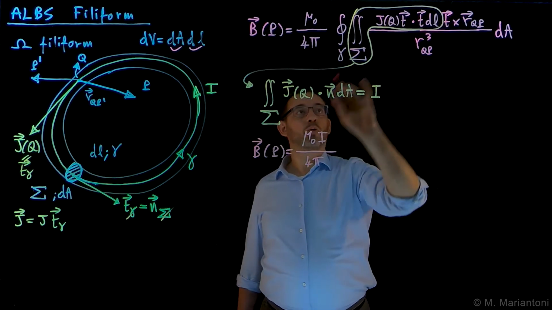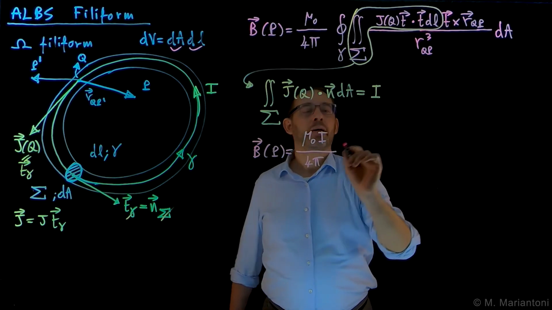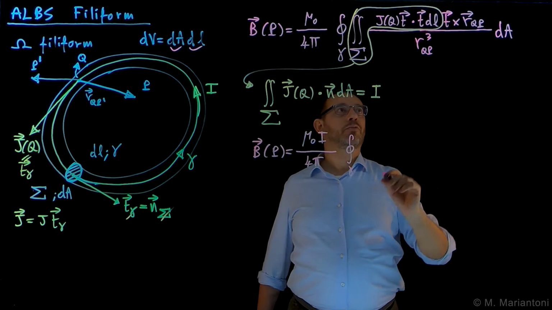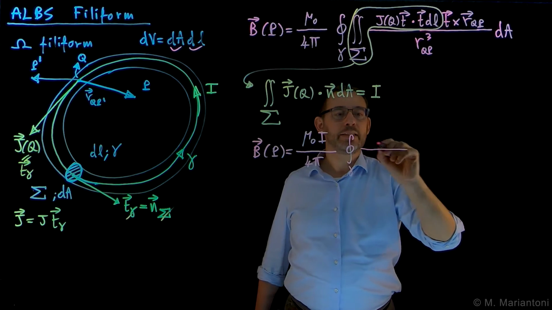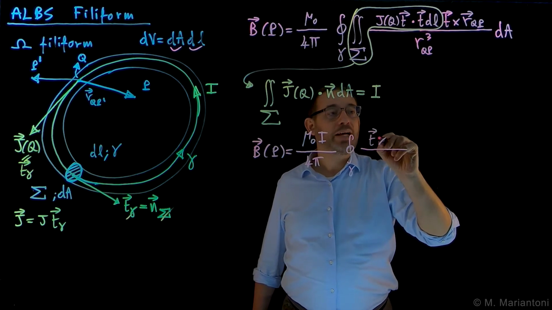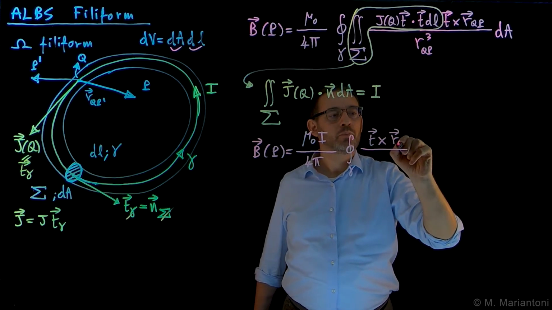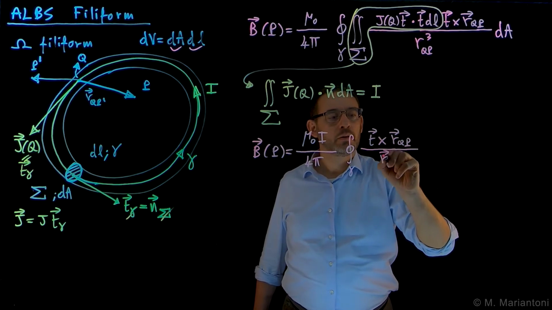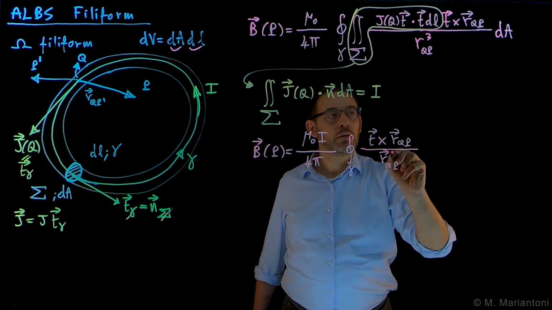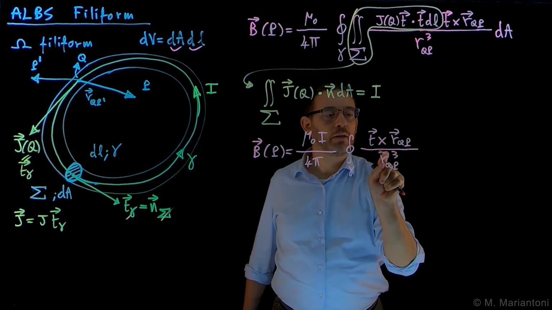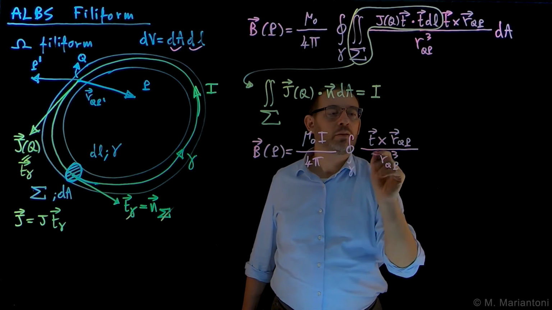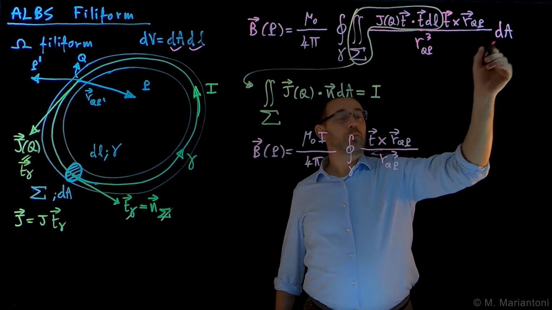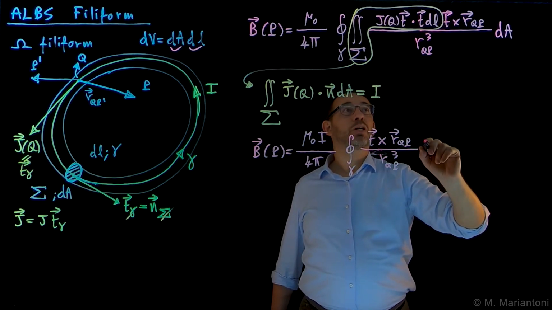So I take out all this integral, it just becomes I. And then I have the circulation along the entire longitudinal axis of the wire of t vector r_QP divided by r_QP cubed, of course, with the vector down here, in this fashion.